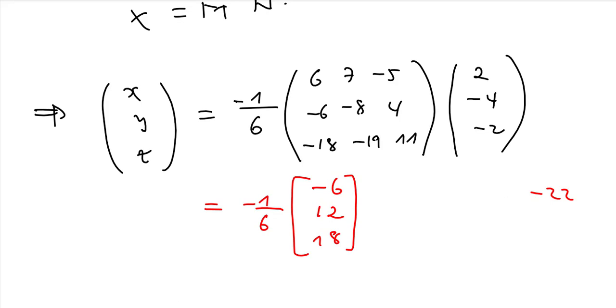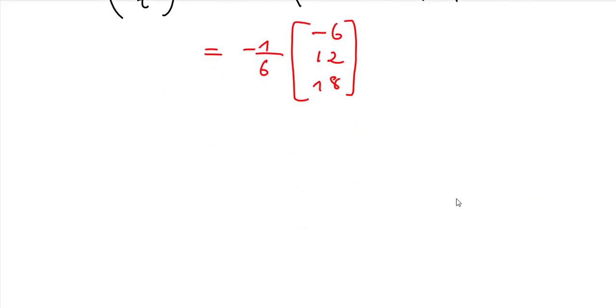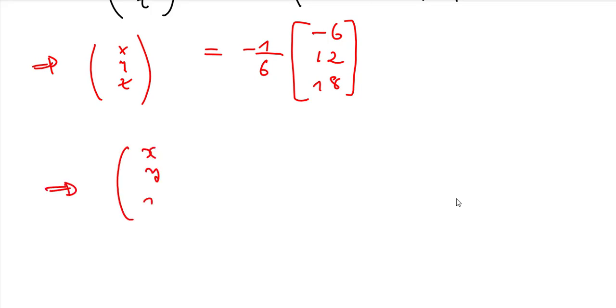So on there, we have evaluated the product of the matrices. So this therefore means I write this like this. Here we have x, y, z. Let's simplify: x, y, z is equal to negative 1 on 6 times negative 6, which is 1.